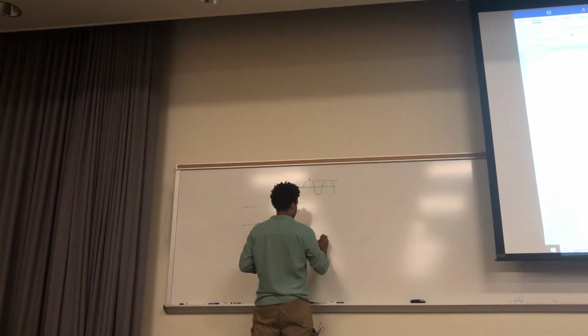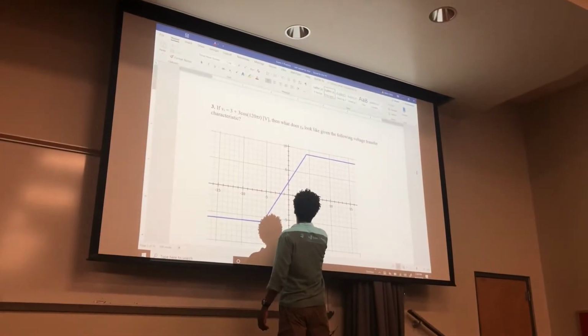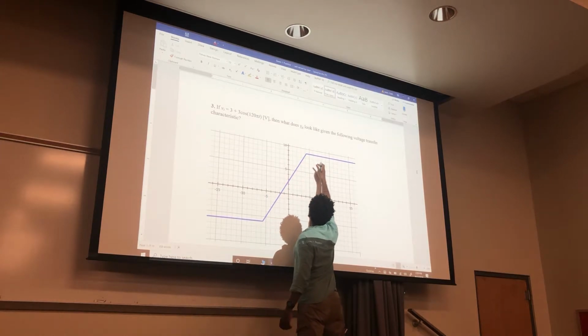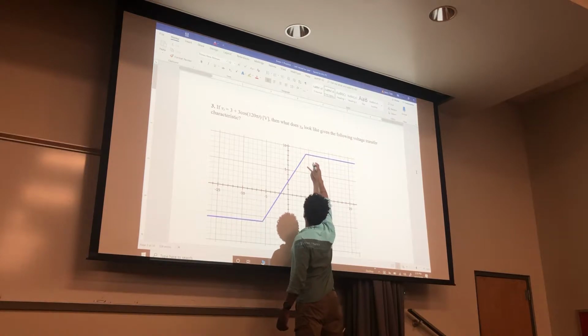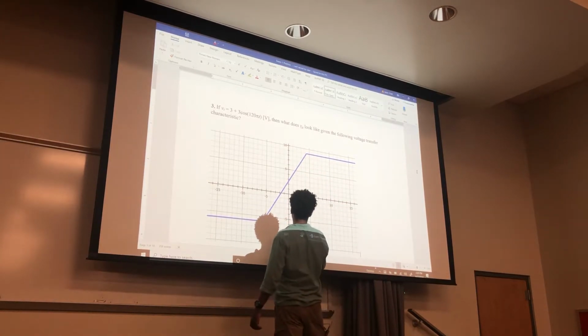So if I were to draw it out, your voltage will equal something like this. Oh, wait, let's see how. So here's 1, 2, 3. So it's going to be right here. It's going to be centered at 7, right? It's going to go up as high as 9, and that's it. But it's going to come as low as right here.